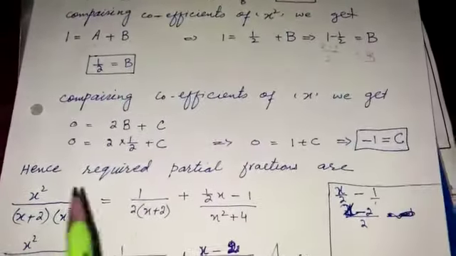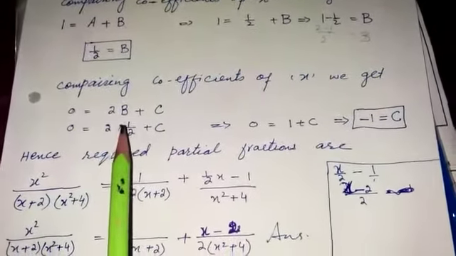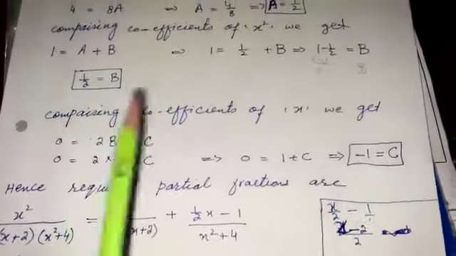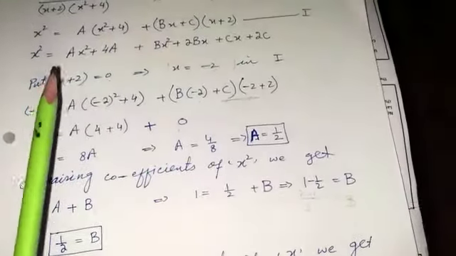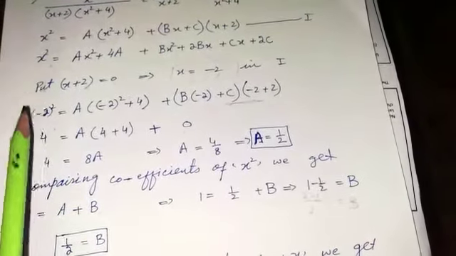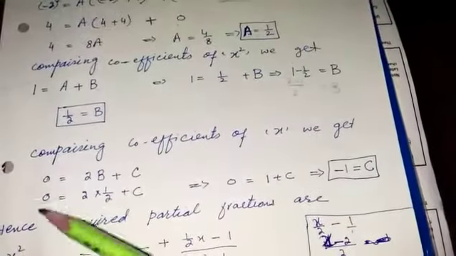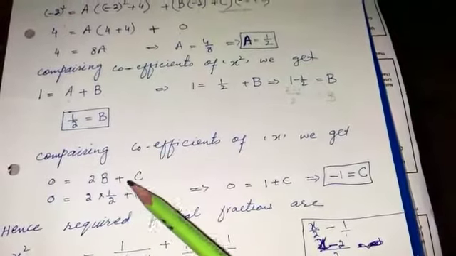Now comparing coefficients of x, we get 0 equals 2b plus c. Look here, there is no term with variable x, so we write 0. The coefficient of x is 0 equals 2b plus c.